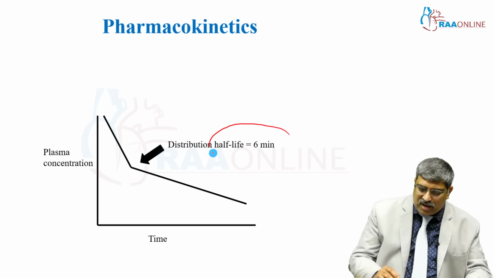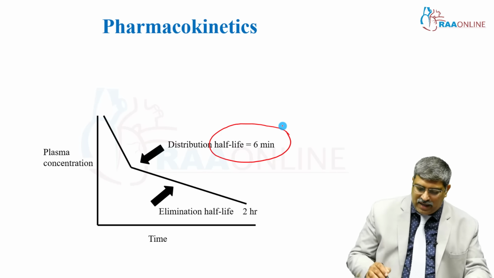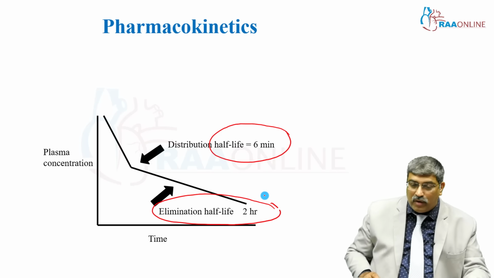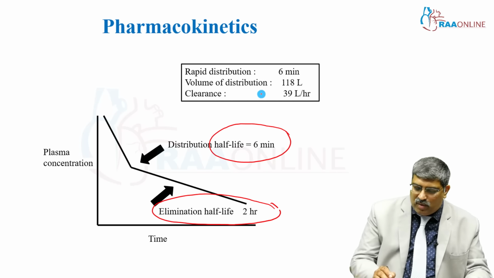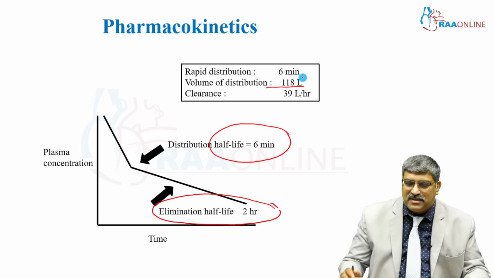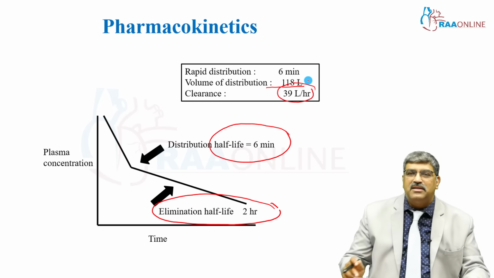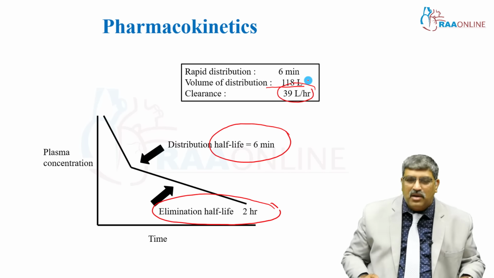The distribution half-life is 6 minutes and the elimination half-life is 2 hours, and here the volume of distribution is 118 liters and the clearance, as I said earlier, is roughly 39 to 40 liters per hour.